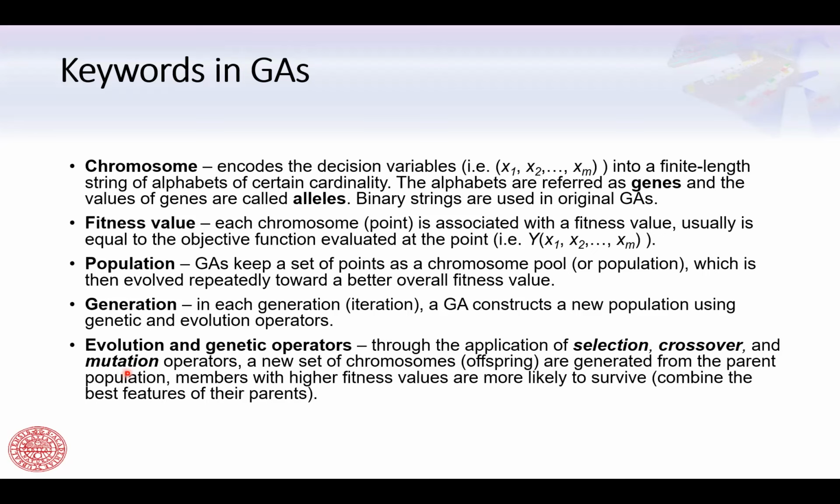Sometimes people ignore mutation, simply taking away one operation. But in general, without selection and crossover, you can't call it a genetic algorithm. Maybe you call it some other population-based algorithm, but selection and crossover are pretty much a signature.